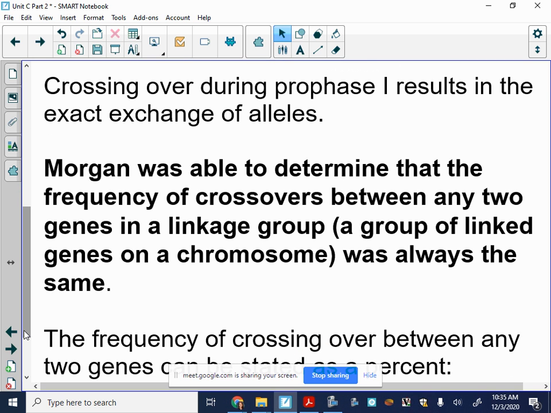Crossing over during prophase 1 results in the exact exchange of alleles. That same fruit fly guy, Thomas Morgan, was able to determine that the frequency of crossovers between any two genes in a linkage group was always the same.